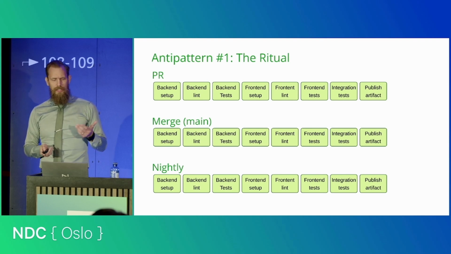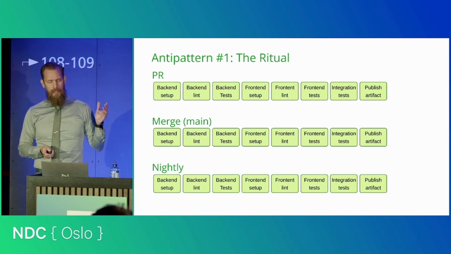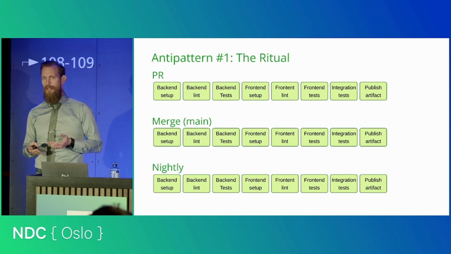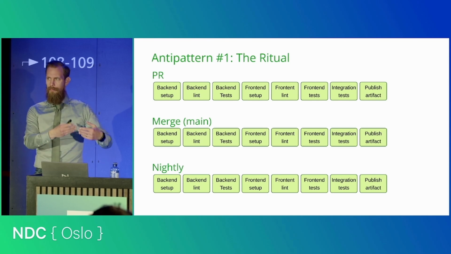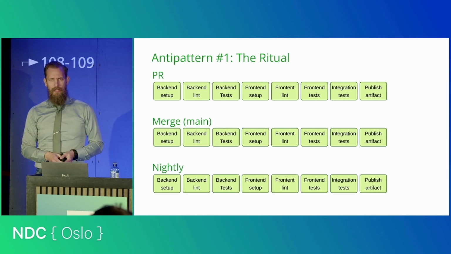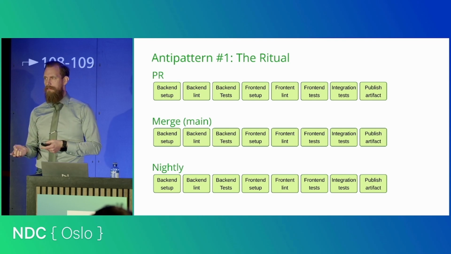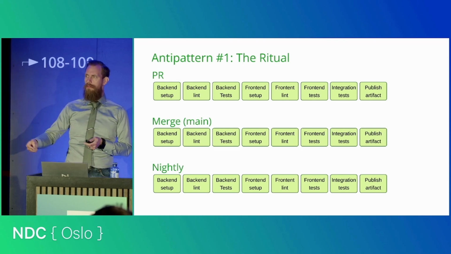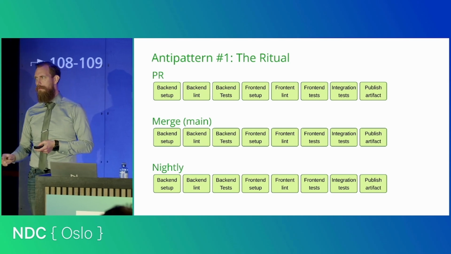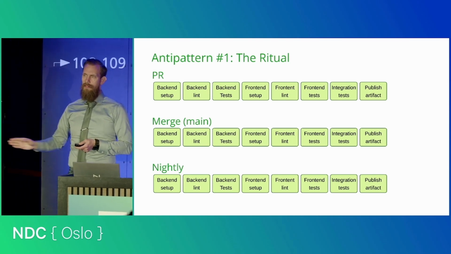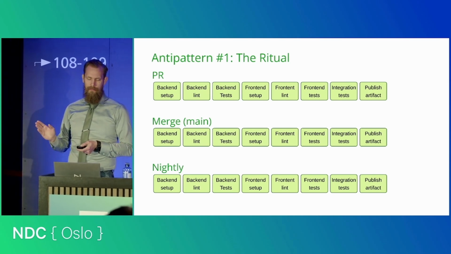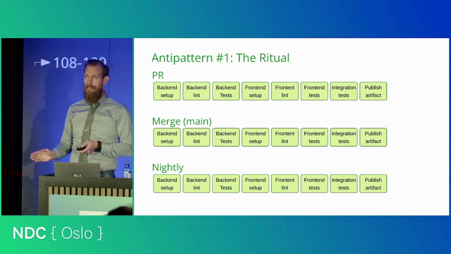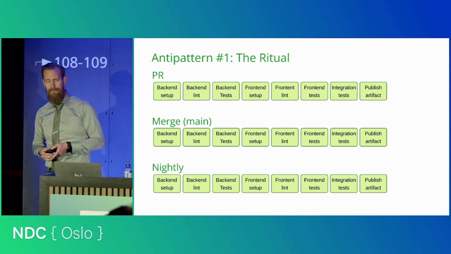We don't really need to run the backend, front-end linting and unit tests every night because we already ran that when we merged to the main branch, and that code can't change. If it changes, we rerun the merge job. So whenever we run the nightly job, the backend linting, front-end linting, and tests should always pass. Otherwise, you have flaky tests, and that's another problem.